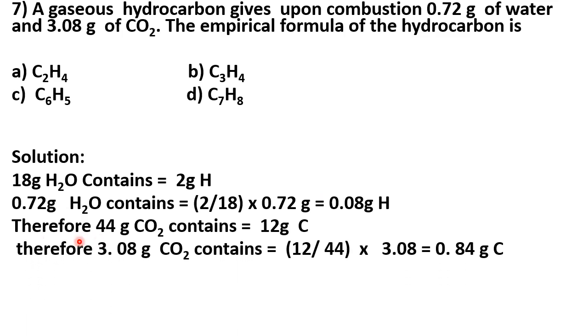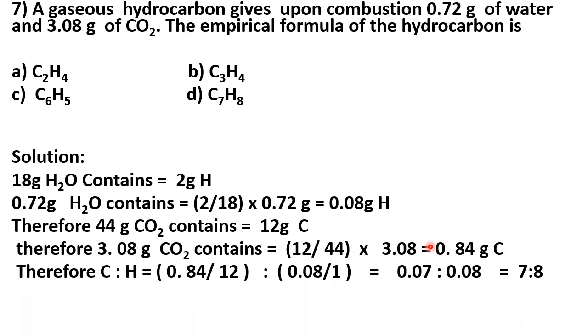Then for carbon also you can calculate similarly. 44 gram of carbon dioxide will contain 12 gram of carbon. Therefore in 3.08 gram of carbon dioxide, the mass of carbon will be 0.84 gram. Here also you can calculate by doing mass divided by molar mass: 12 into 3.08 divided by 44. So answer is 0.84 gram. Then you calculate the ratio between carbon and hydrogen.